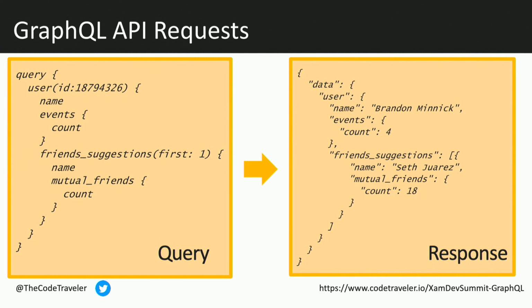Because now on the client side, as the mobile app developers, we can request what data we want. If we want to change the shape of the data, if we want different fields, different properties to come back, we don't have to create a new API endpoint like we would typically have to do in REST. We can just tweak our query and get back exactly the data we need.